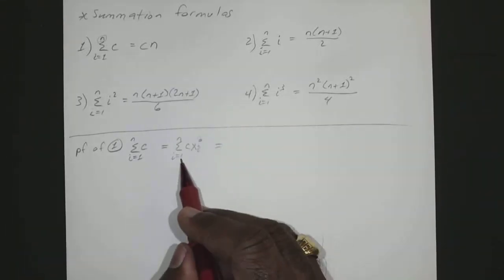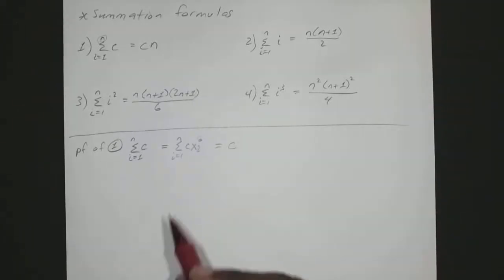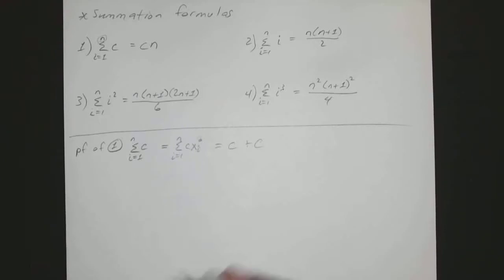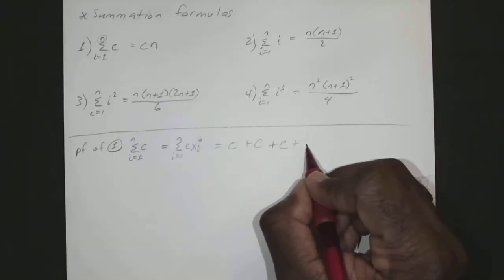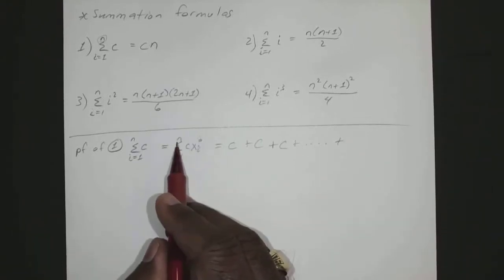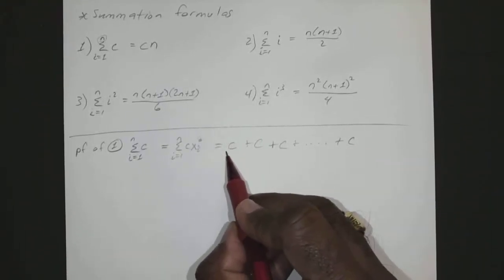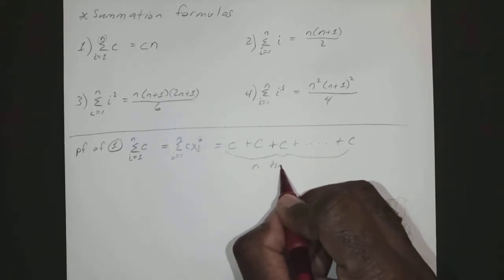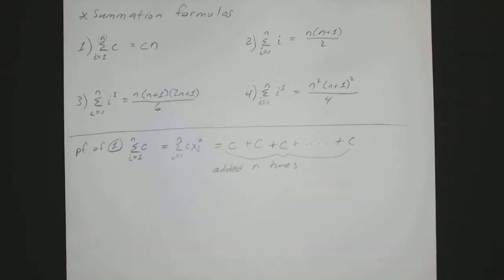Okay, so if you plug in i equals 1, you just get c times 1. If you plug in i equals 2, you get c times 1. If you plug in i equals 3, you get c times 1. And it keeps on going like that n number of times. Or basically add it n times.